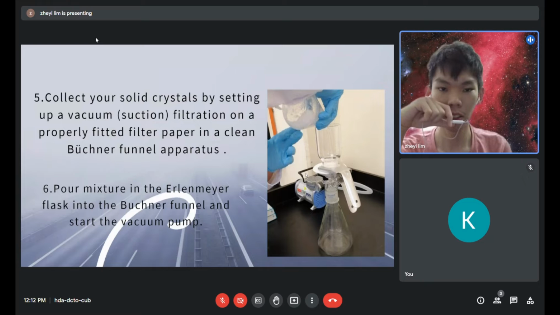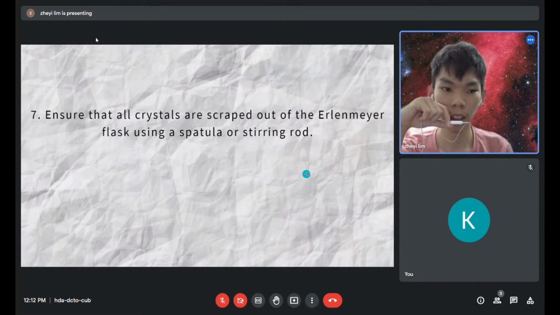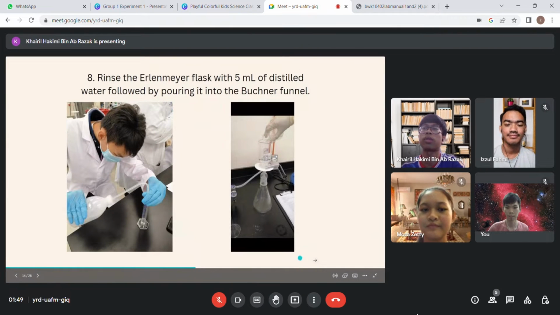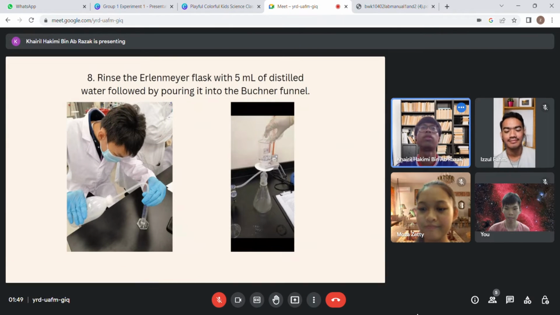Collect your solid crystals by setting up a vacuum filtration with properly fitted filter paper in a clean Buchner funnel apparatus. Pour the mixture in the flask into the Buchner funnel and start the vacuum pump. Ensure that all crystals are scraped out of the flask using a spatula or stirring rod.